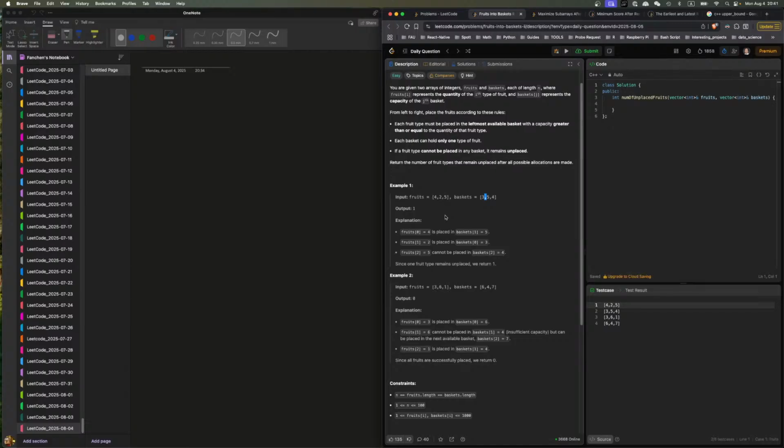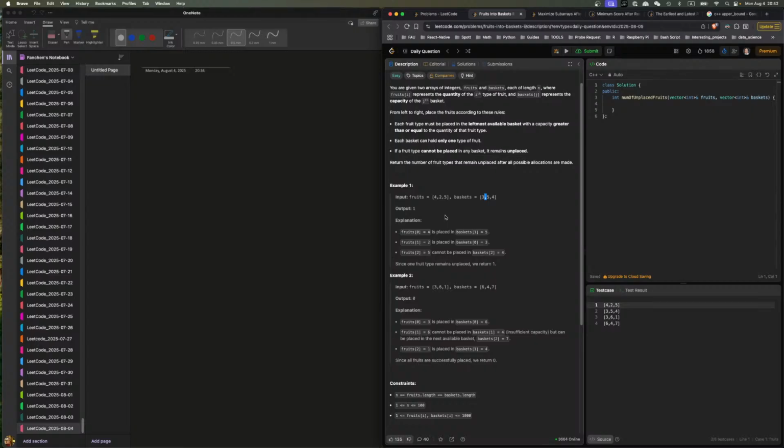It's just, if the current fruit can match the leftmost basket, then we can move everybody down, right? That's good. Now if the current fruit cannot fit the current basket, that simply means the current basket is too small.